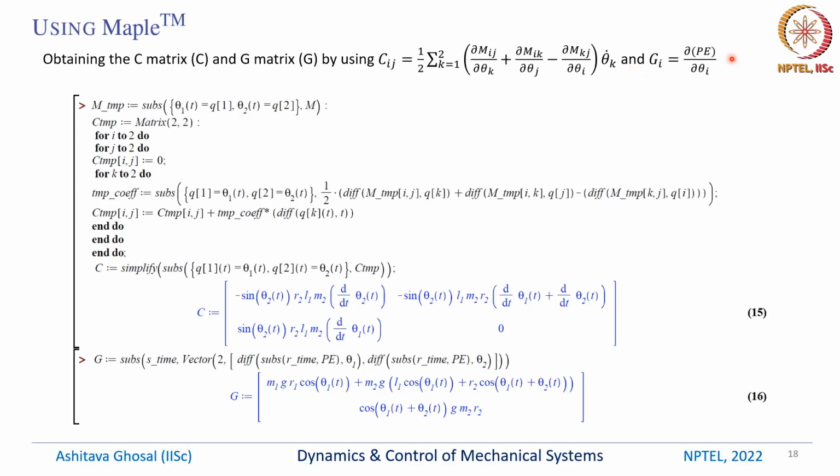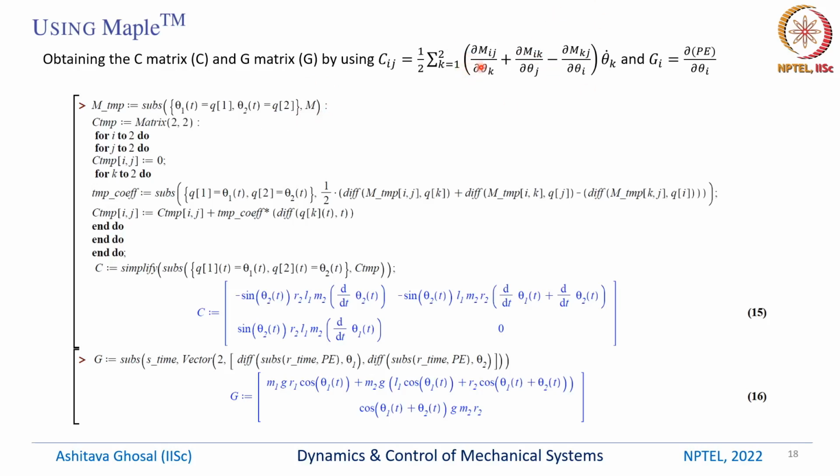How about gravity? We know the potential energy; we derived the expression for it. So the ith term in the gravity is the partial derivative of PE with respect to theta i. Once you do all these things, you type this command. We do some temporary substitutions, theta 1 is q1, theta 2 is q2, and this is the mass matrix.